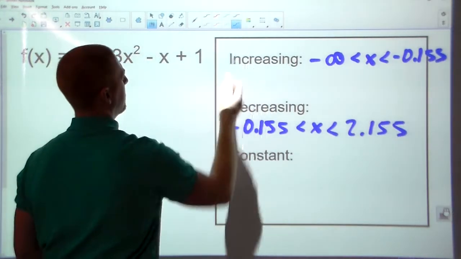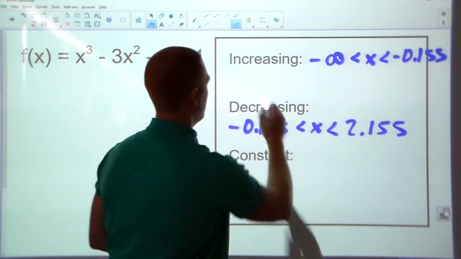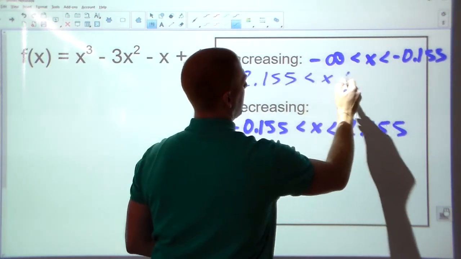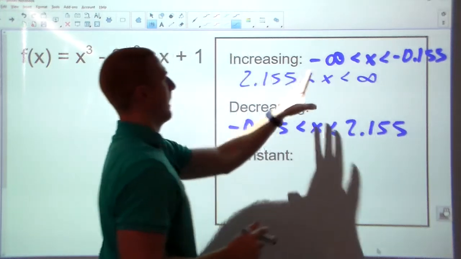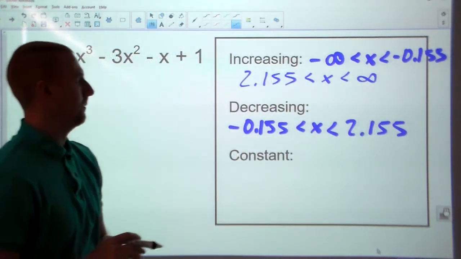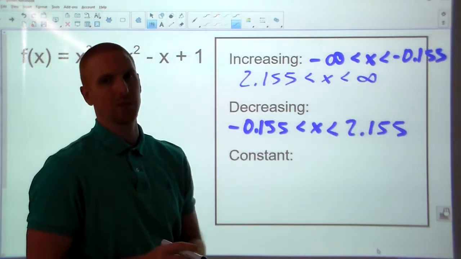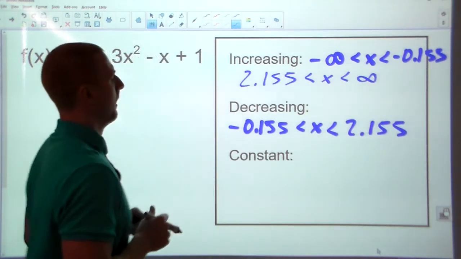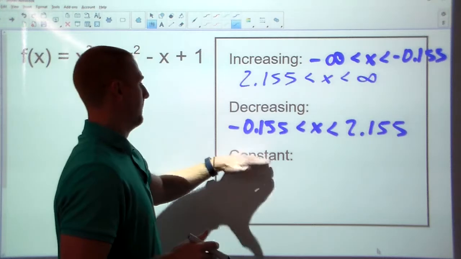And then I was increasing again from 2.155 onward to infinity. This is usually how you're going to see this done. This is not necessarily the only notation, but the usual notation you see for intervals of increasing and decreasing.